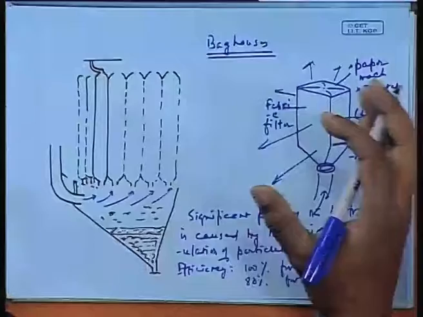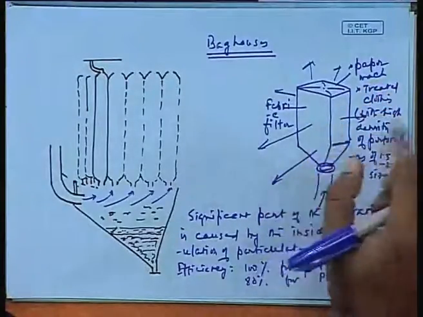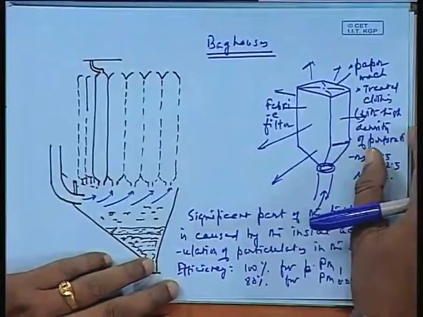In particular areas in India, in various plants you will see that energy is scarce and they are actually worried about energy. This method requires relatively less energy. Only the bags have to be replaced and cleaned and maintained from time to time. So with that, these bag houses are becoming more and more popular.